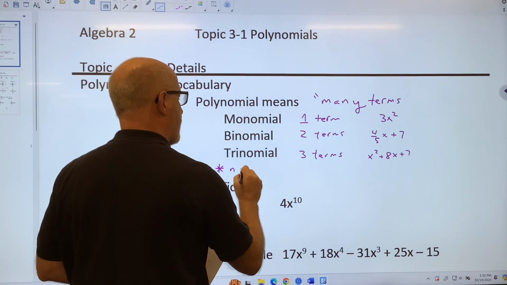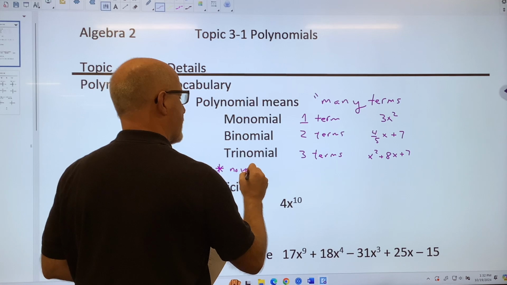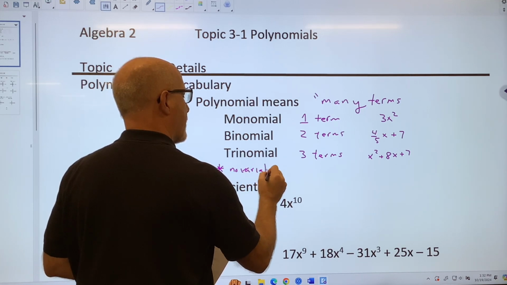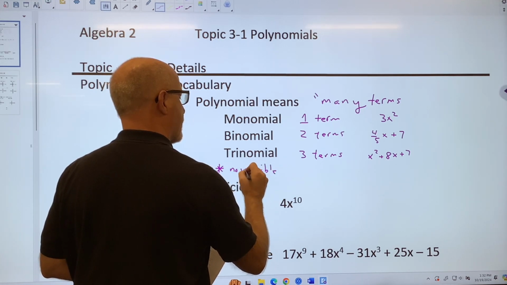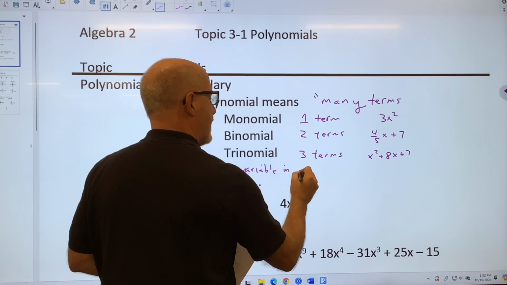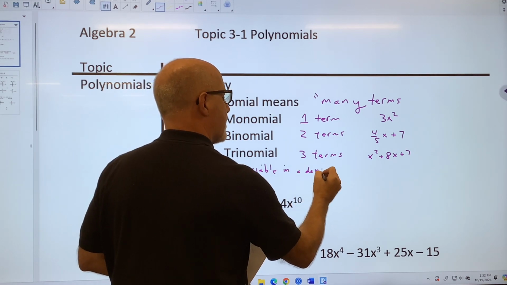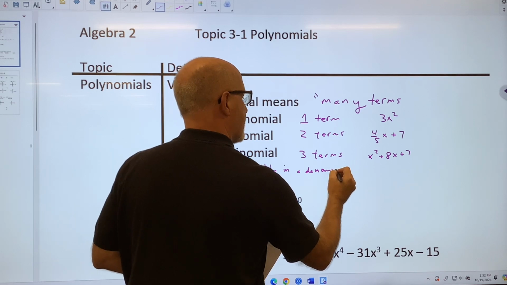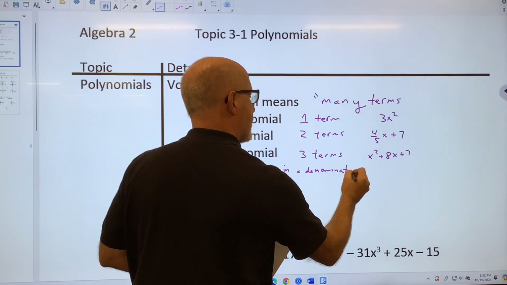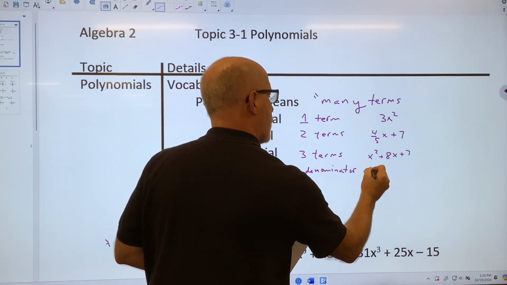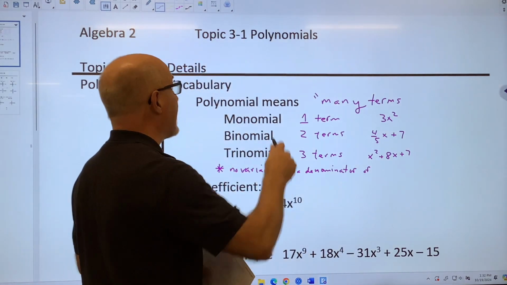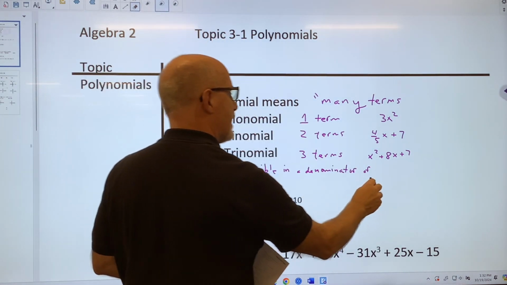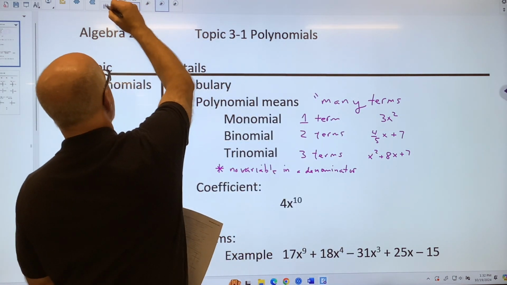So no variable in a denominator or in a radicand, which again means underneath a square root.